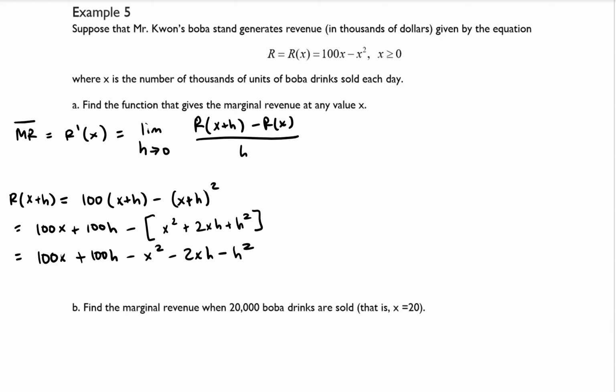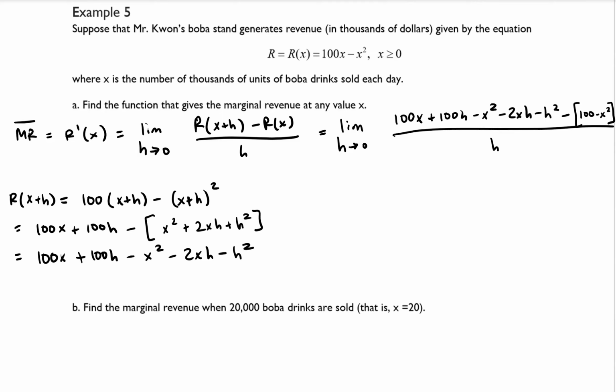Okay, that was a long process. These problems are long, but just keep at it. So we have the limit as h approaches 0 of 100x plus 100h minus x squared minus 2xh minus h squared minus the original function, which is 100x minus x squared, all over h.